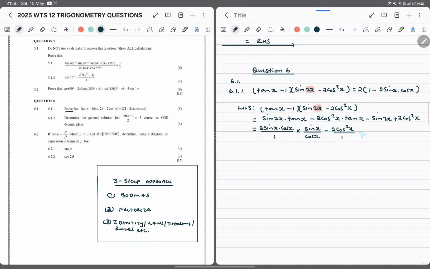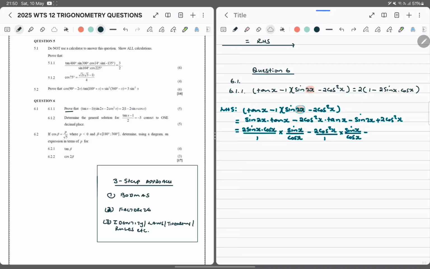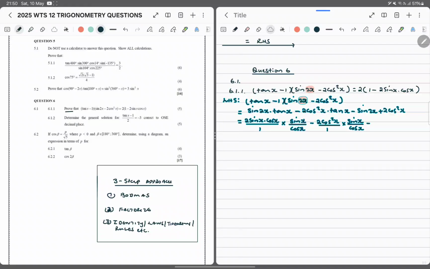We can say this is over 1 times sine x over cos x minus, let's just say minus sine x minus sine 2x over 1.